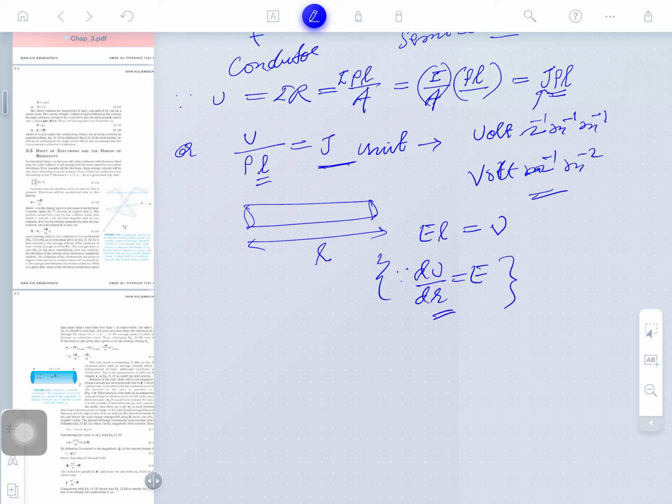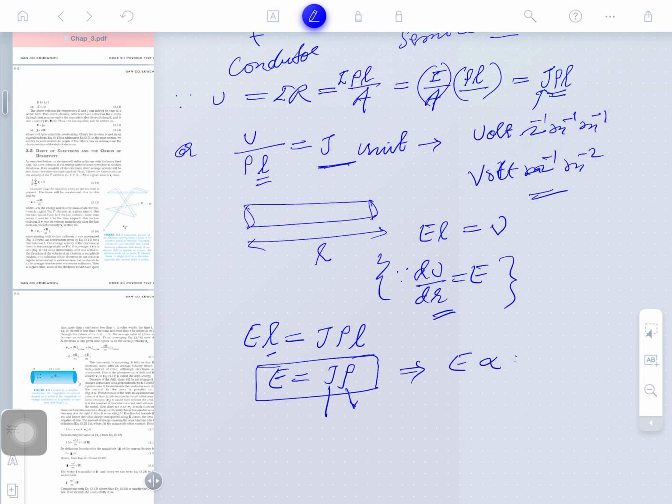So it can be written as electric field into length is equal to I by A, also J, rho, and L. Here the length cancels, so electric field is equal to J into rho. You may see that rho is fixed for a conductor. So E is directly proportional to J, meaning the current density is directly proportional to the electric field. The stronger the electric field applied, the stronger the current density.